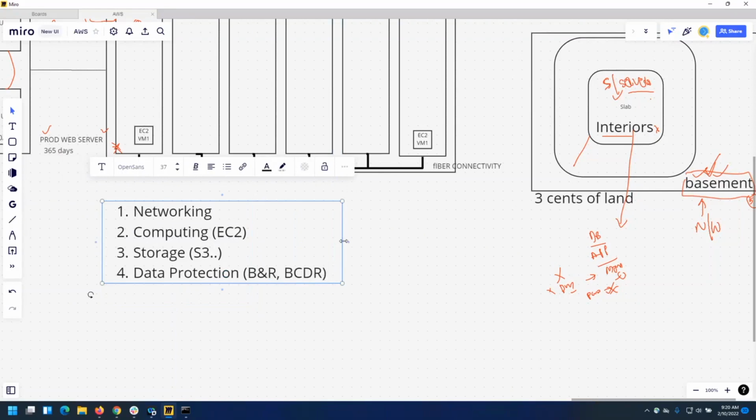That is your fourth topic. And then your security, which is your IAM and other security tools which are provided by AWS.